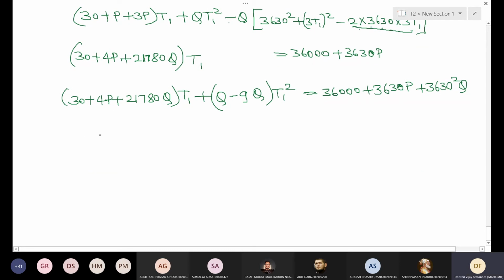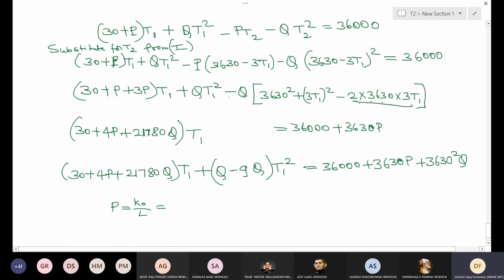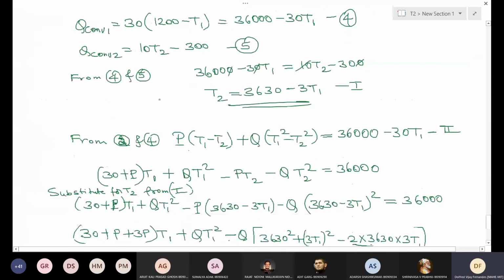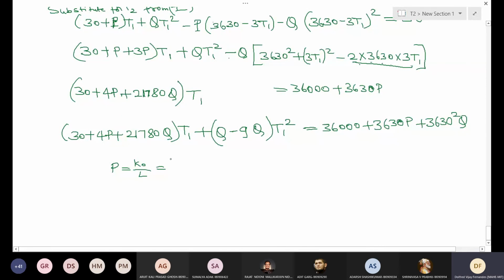So P is nothing but K naught by L. K naught is given as 0.84, L equal to 0.25. 0.84 divided by 0.25, so this is almost 3.36. And Q is K naught beta divided by 2L.